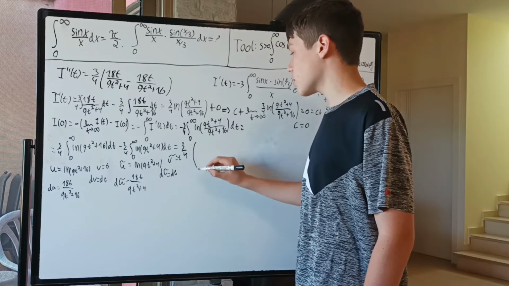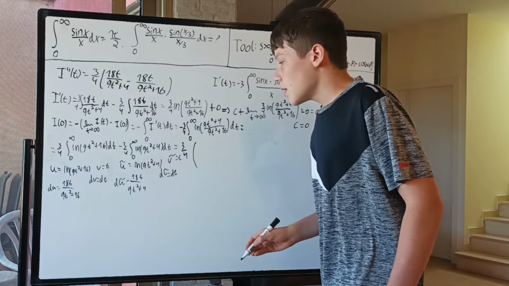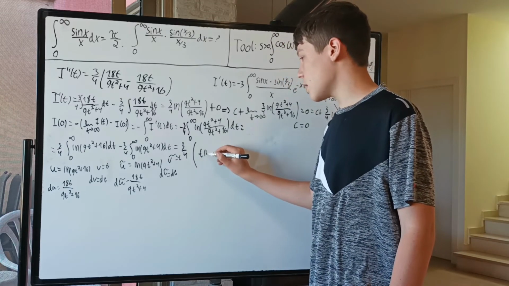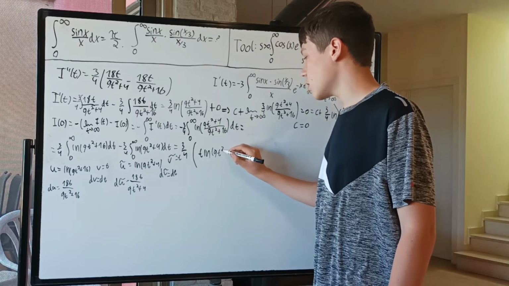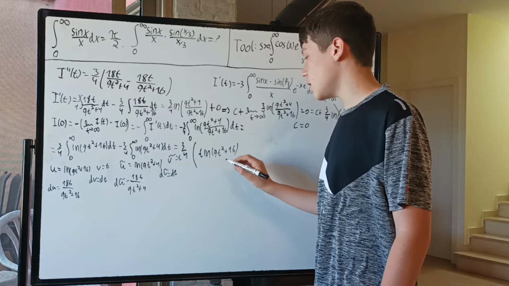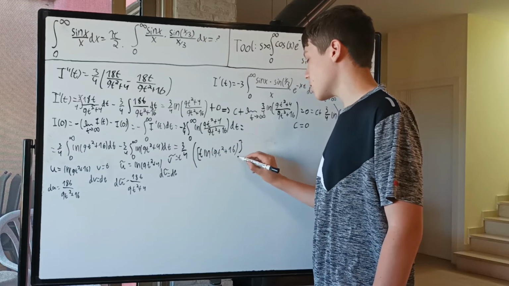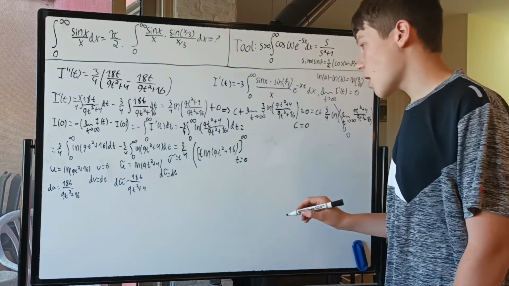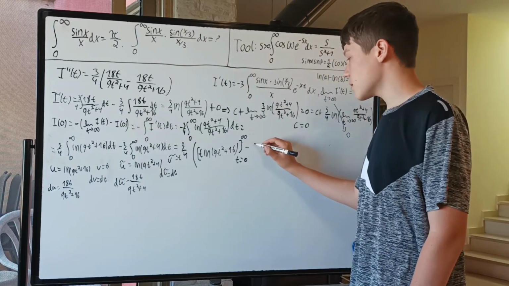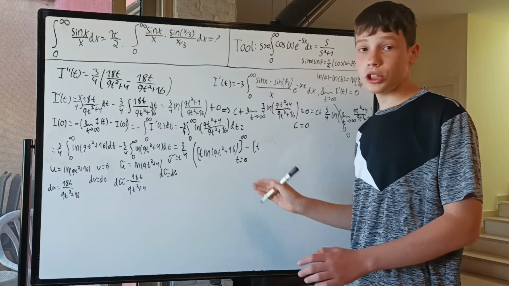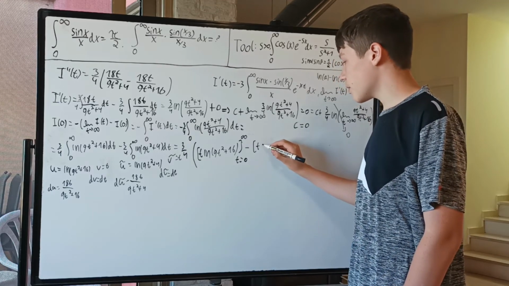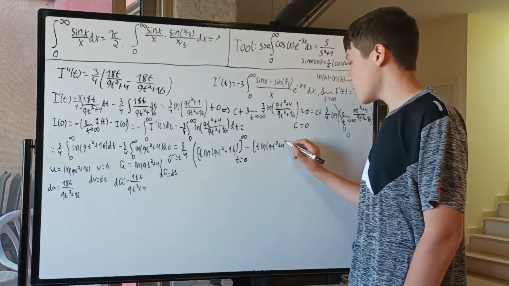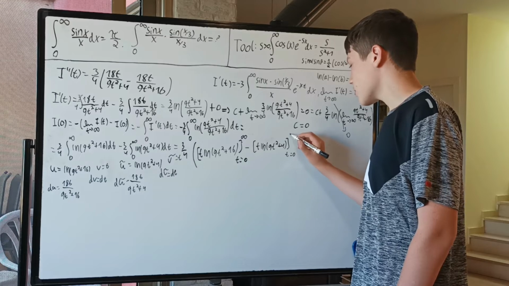3 times 4, I'll just take it out. And we'll have t natural log of 9t squared plus 16, and this all goes from 0 to infinity. And then minus, I'll change the order a bit, we'll have t natural log of 9t squared plus 4, where t goes from 0 to infinity.